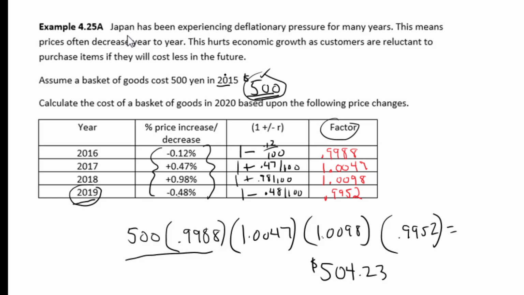So the basket of goods that cost $500 in 2015 in Japan, that same basket of goods in 2019 cost $504.23. It's not exactly deflation for this 4-year period, but it's a very, very small increase in inflation. But that's how you use these factors.